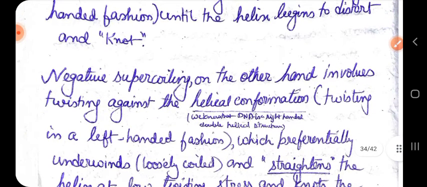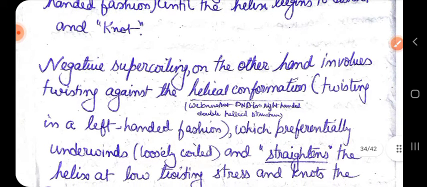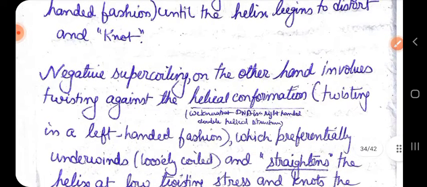Whereas negative supercoiling, on the other hand, involves twisting against the right-handed helical conformation. That means in negative supercoiling, the twisting or the coiling occurs in a left-handed fashion, and we know that DNA is a right-handed double helical structure, so it is coiling against the right-handed coiling nature of the DNA.